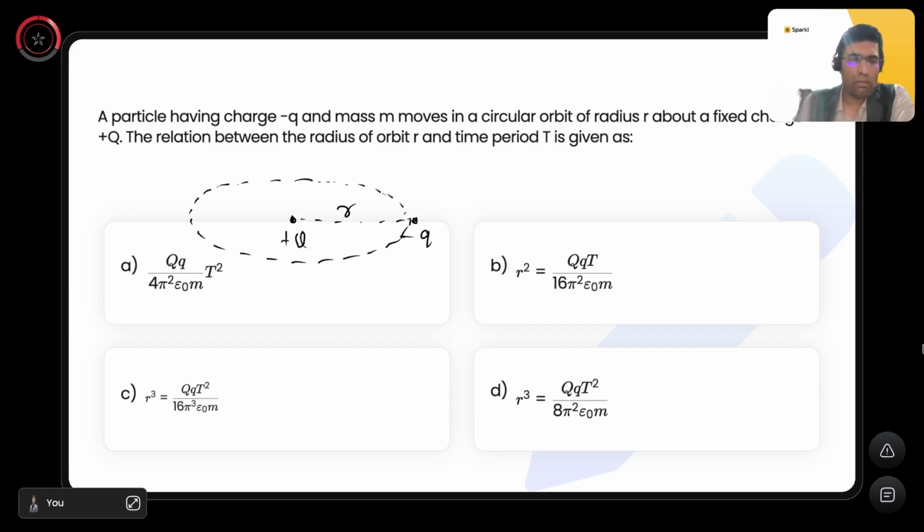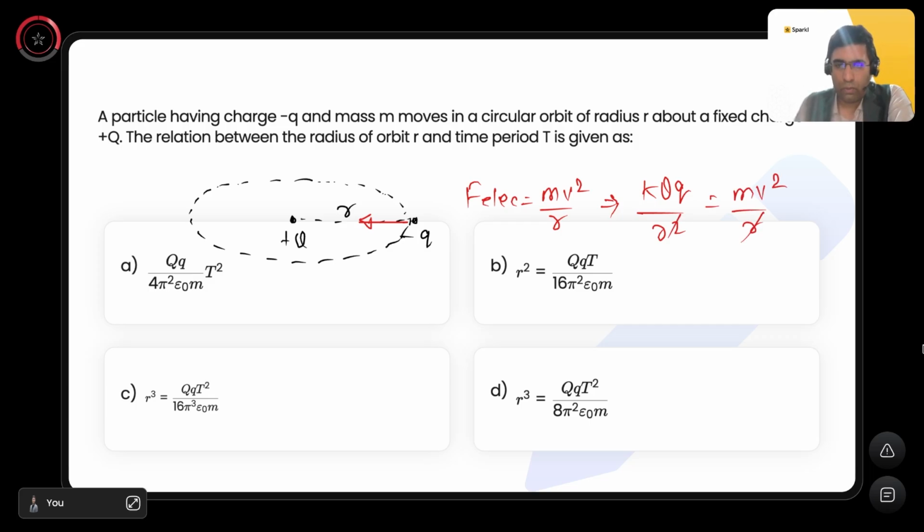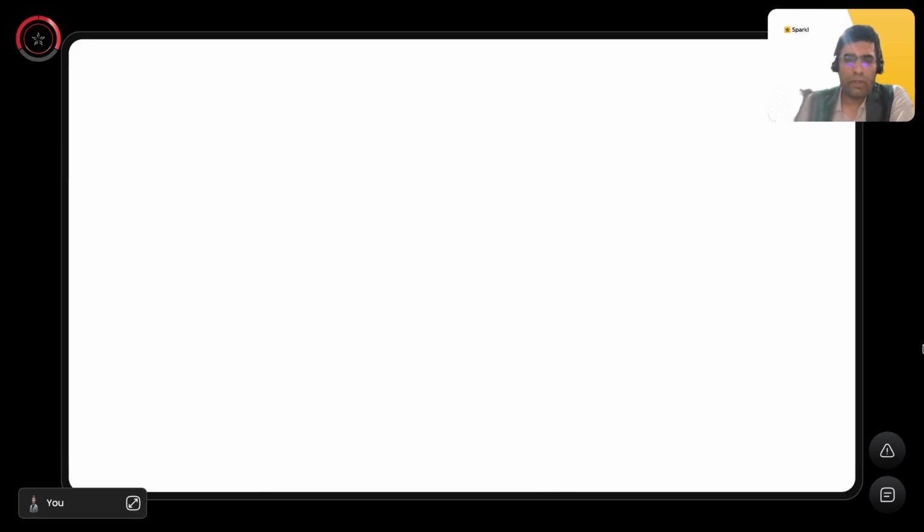Now, whenever you are given that something is moving around in a circle, you have to think in terms of the centripetal force. So we know that the electrostatic force here will provide the centripetal force. So we can write K capital Q small q upon r square equal to mv square upon r. So from here V square will be equal to K capital Q small q upon mr. And the time period is 2 pi r upon v.